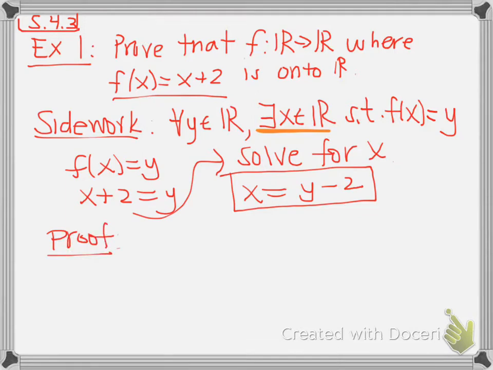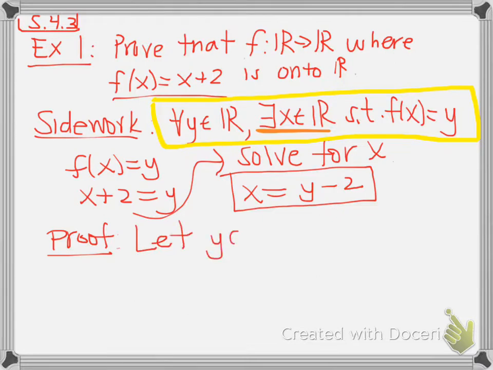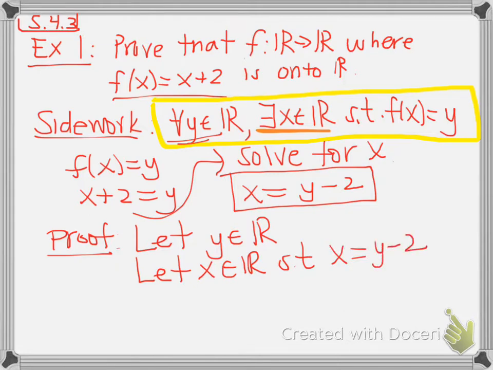Okay, so this right here is the proof structure. The first line should be what? Let y belong to the reals, right? Because for all means just keep it in general. So let y belong to the reals and let x belong to the reals such that x equals y minus 2. Okay, because we found that x.